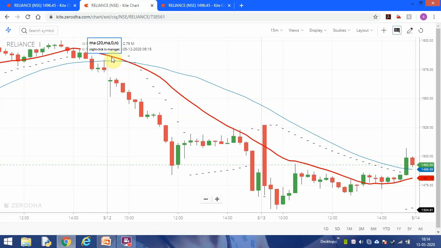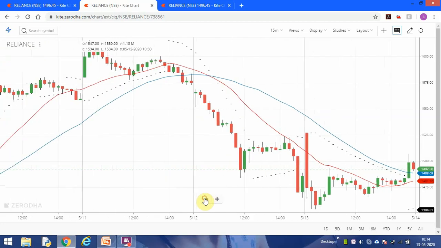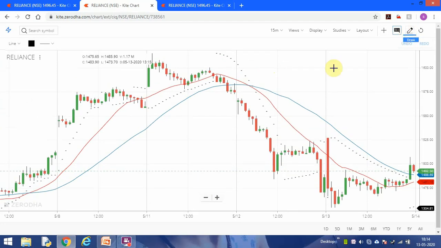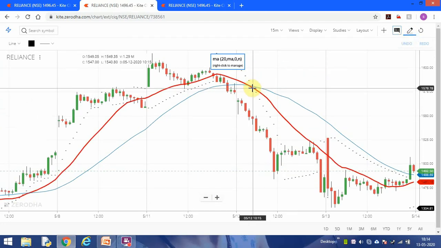When a bigger moving average crosses a small moving average, then there is a downtrend. So you see here this point, you can see this point.